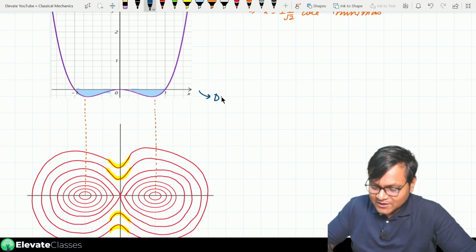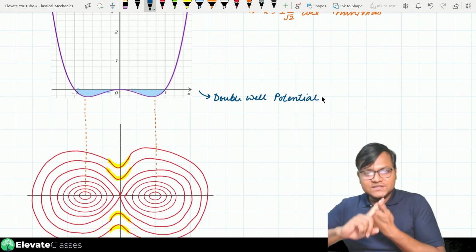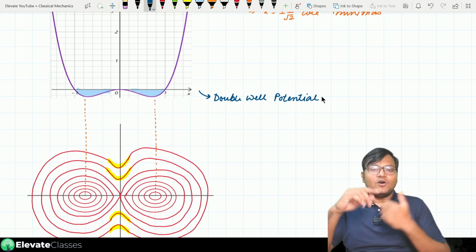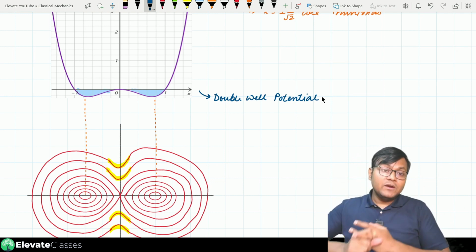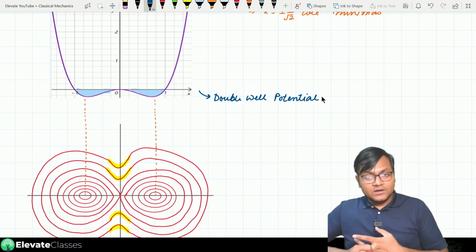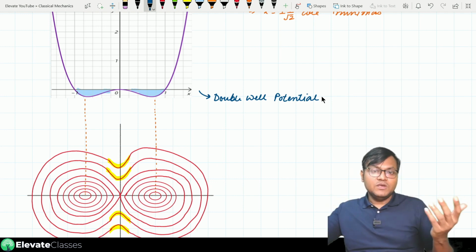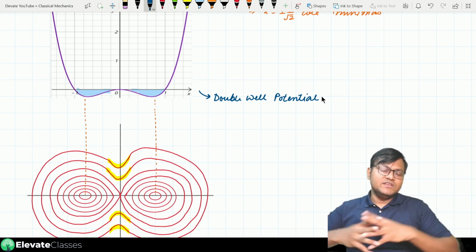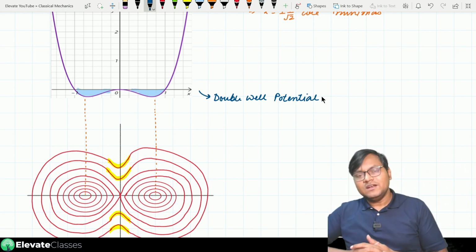Okay, double well potential. All right, that is all. हमने आज spring mass system को देखा. All right, for oscillatory motion we get ellipses as phase space diagrams. We saw simple pendulum. For small angle oscillations we get ellipses, but beyond it we get certain deviations. We saw an inverted potential where we got hyperbolas, and then here we have the double well potential.